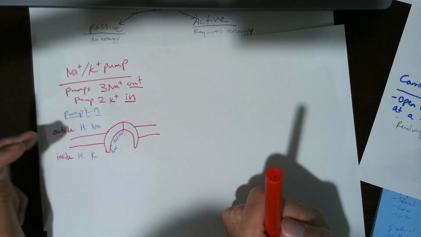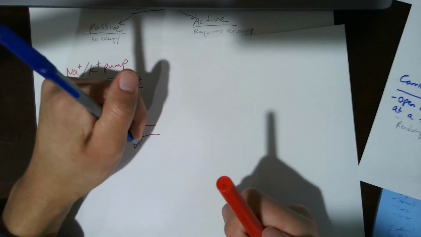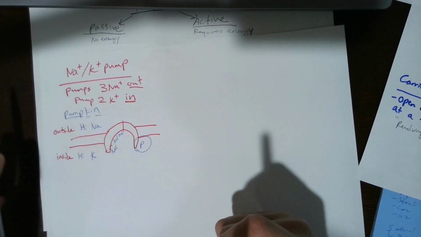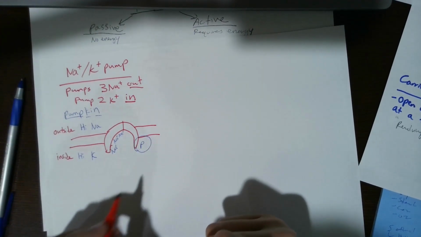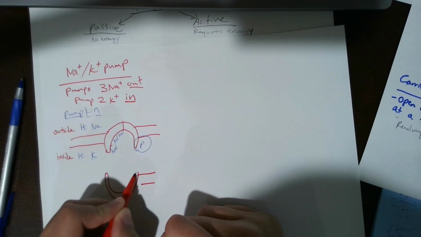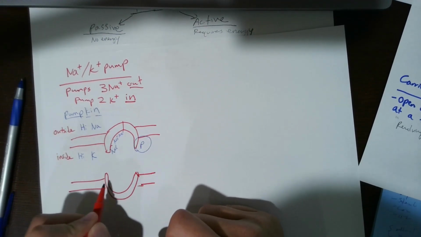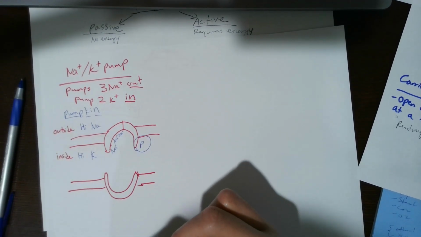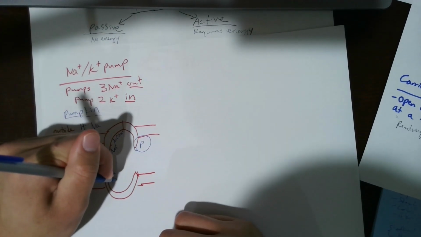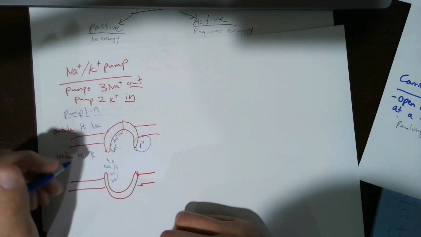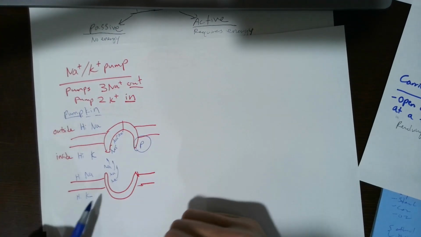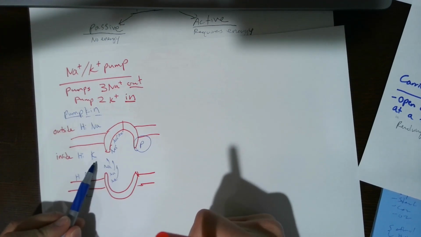Alright? And then we add a phosphate from ATP. Once that phosphate gets added, the protein is going to flip its shape, and it's going to kick those 3 sodiums out.